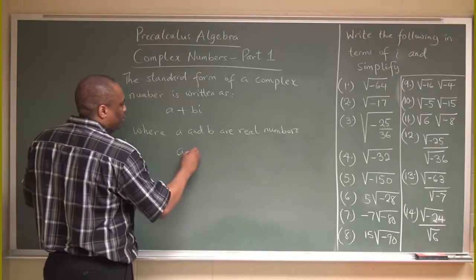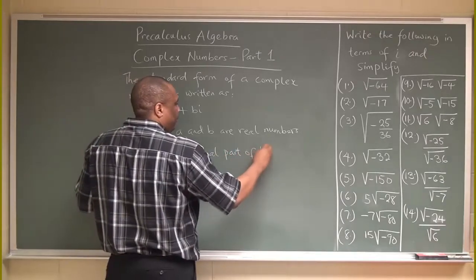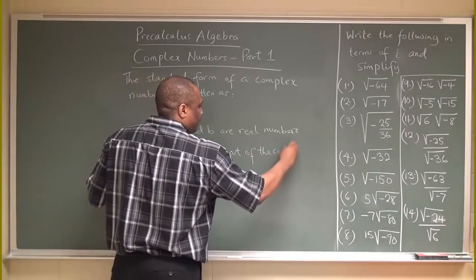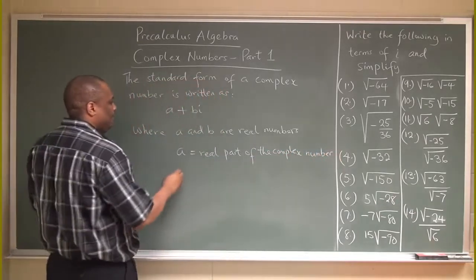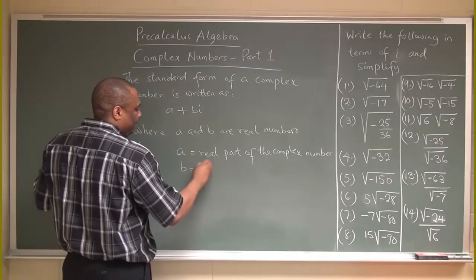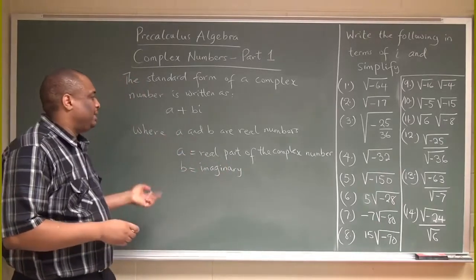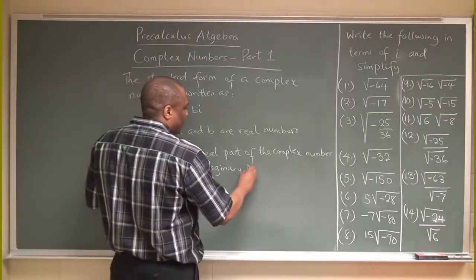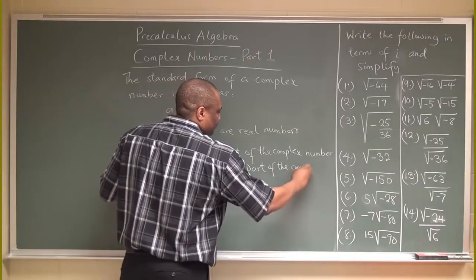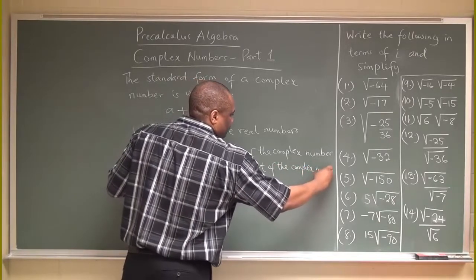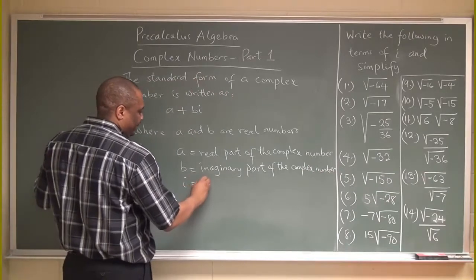Then A is what we call the real part of the complex number. And then B is what we call the imaginary part. A and B are real numbers, but A is called the real part of the complex number, and B is called the imaginary part of the complex number. Then I is known as the imaginary unit.